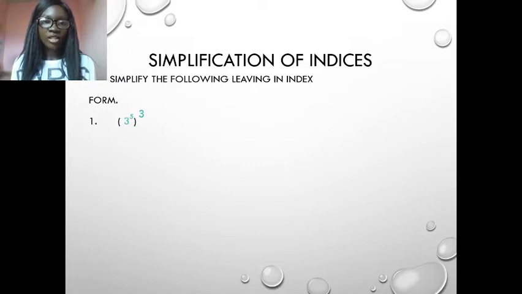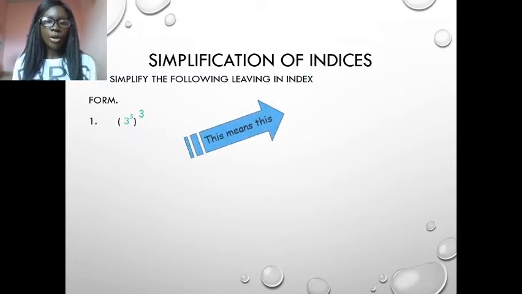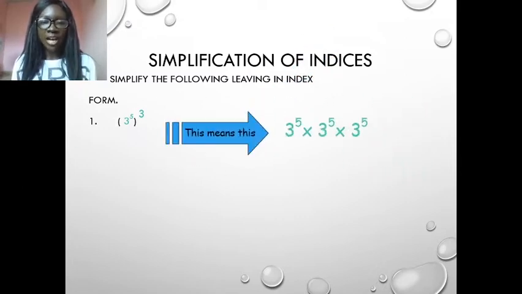Again, 3 to the power of 5 all cubed, meaning that we are going to have 3 to the power of 5 three times. Okay, whenever you see something like this, don't be scared, just follow it step by step. Now we're going to have 3 to the power of 5 times 3 to the power of 5 times 3 to the power of 5.